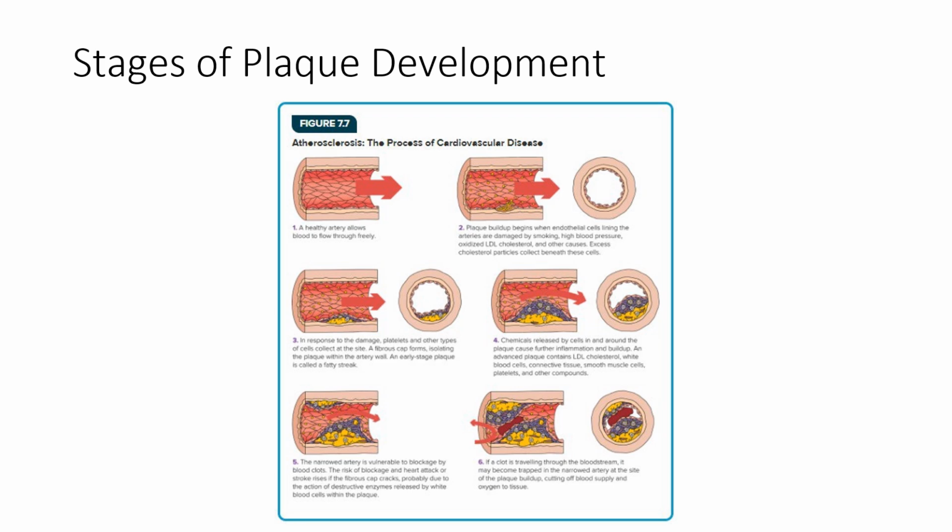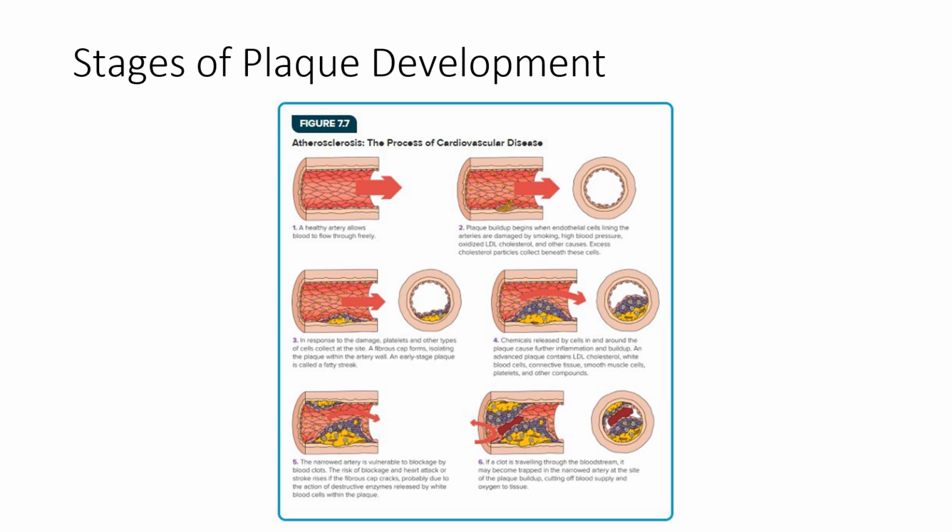And so you can see in 3, 4, 5, and 6 that as that plaque starts to develop on that artery, there is less opportunity for blood to be able to flow freely through that artery, and actually the plaque buildup is leading to that artery becoming stiff and non-flexible, right? And when we have that narrow artery, like in number 5, it leaves us vulnerable to blockages by blood clots.